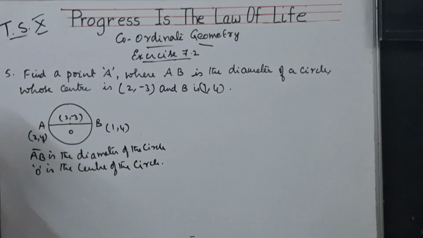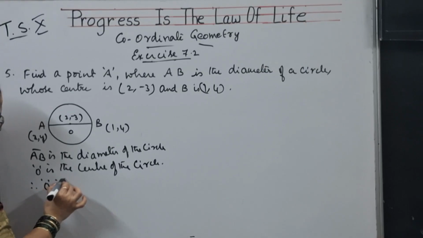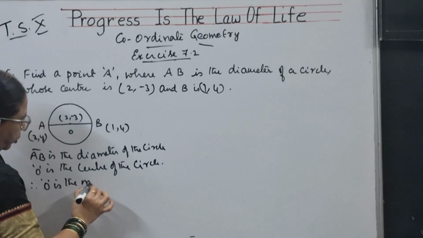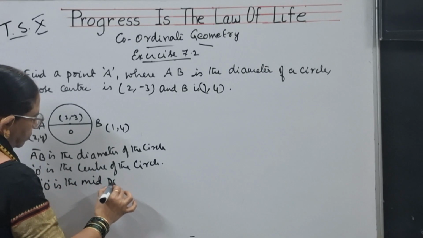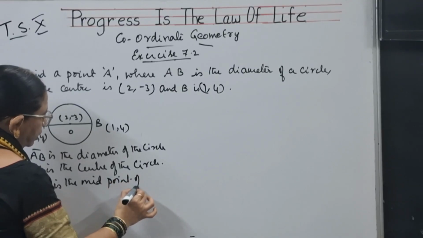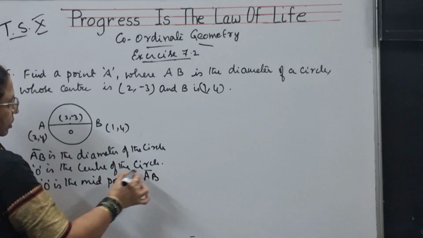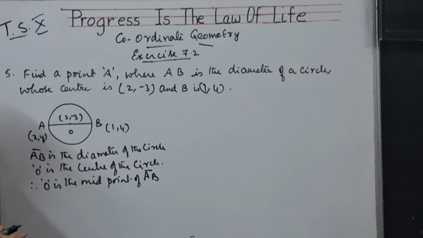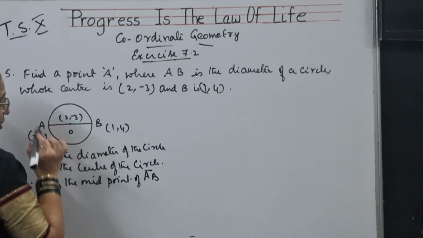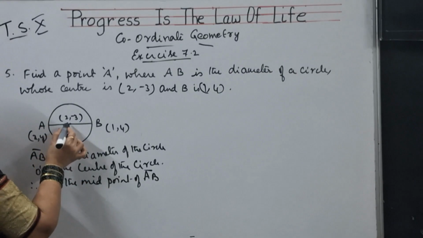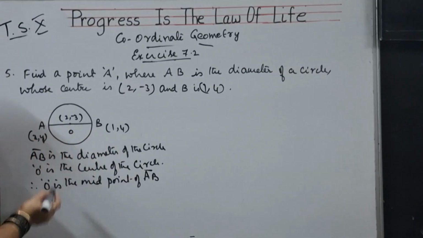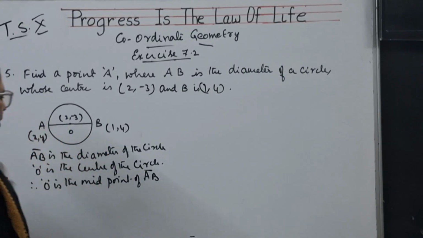If it is the center of the circle, then O is the midpoint of AB. Why is it like that? Because we know that the center is exactly the middle point and AB is the diameter. O will be the midpoint of AB.